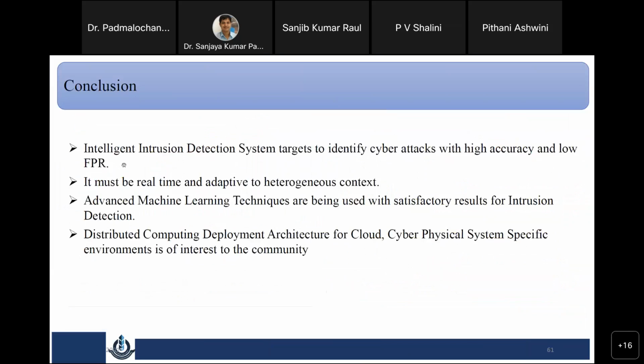It is very important to understand that today we are in a scenario where a lot of new attack types are being generated, system level intrusions, network level intrusions, and therefore we need to come up with an adaptive, context aware intrusion detection system, and machine learning and advanced machine learning techniques play a great role.